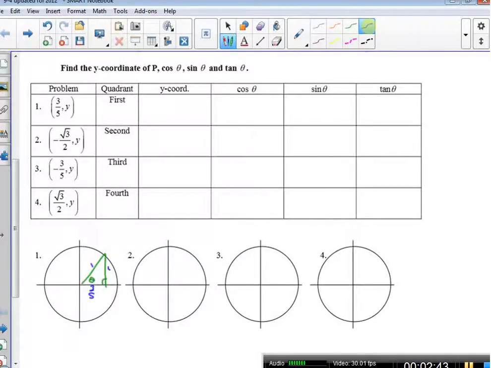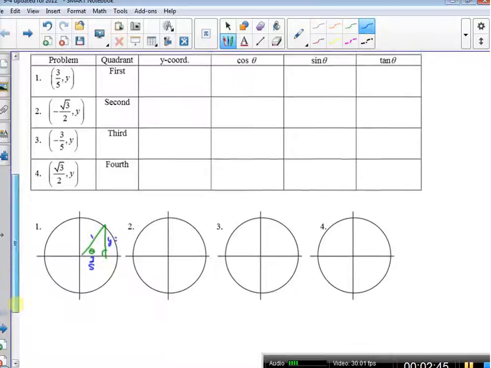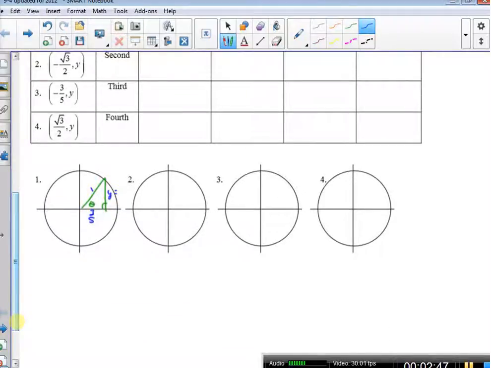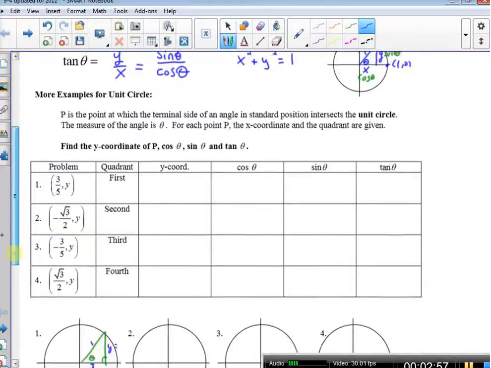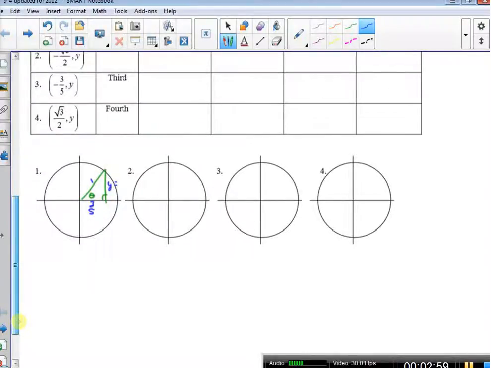I'm looking for the y-coordinate. You should remember from up here also that x squared plus y squared equals 1 squared, or just 1. So we could apply the Pythagorean theorem down here to find the y-coordinate as well.